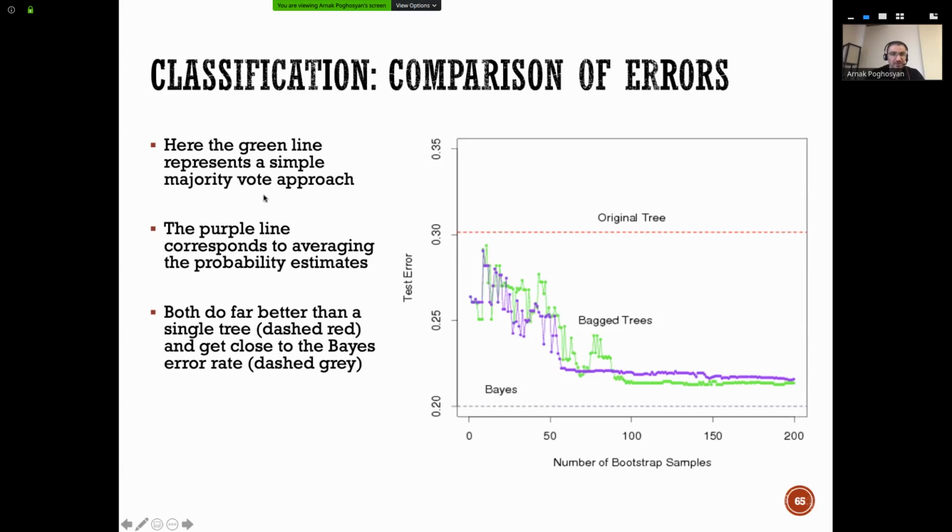So the green line represents a simple majority vote approach, when you are calculating the corresponding percentages, and the purple line corresponds to averaging the probability estimates. You see that when the number of B is tending to infinity, these two approaches are comparable. They are actually the same.